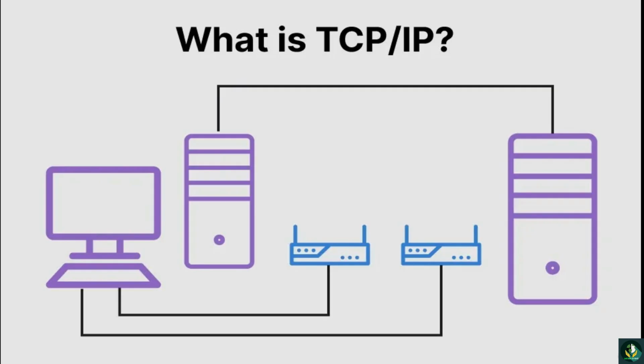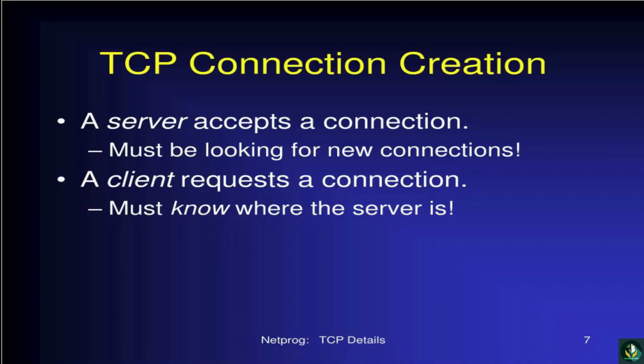A server accepts a connection, so it must be looking for new connections. A client requests a connection, so it must know where the server is. Basically, it is a TCP connection. So here is a diagram in TCP.